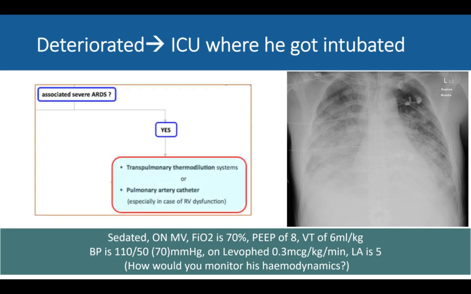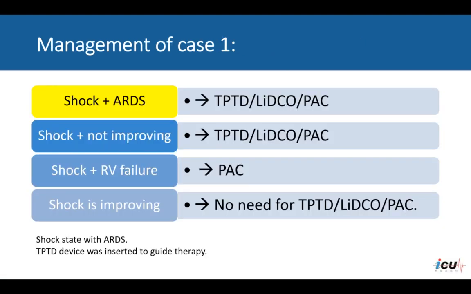So clearly, this patient is indicated for advanced hemodynamic monitoring. This patient has shock. In addition, he progressed into ARDS. So he would benefit from a thermo or transpulmonary thermodilution monitoring device.